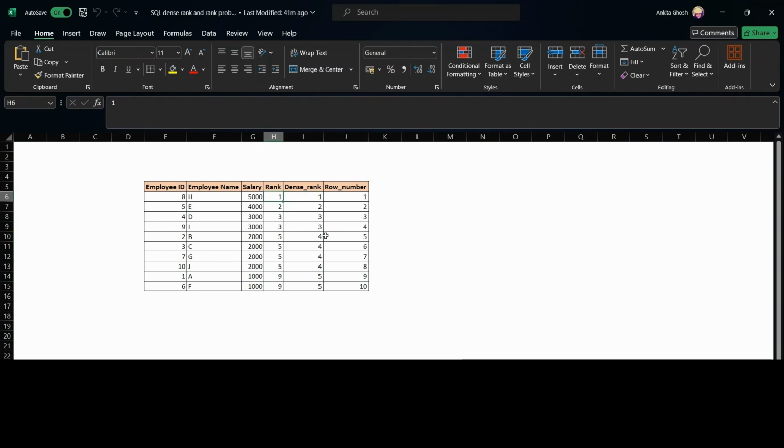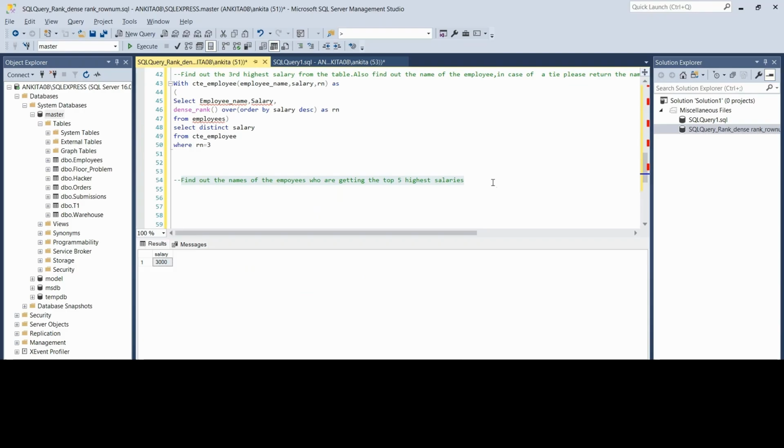If you want to find out the people who are getting the top 4 highest salaries, that time you will go ahead and use dense rank. That will return you the names of all the 8 people, right? Because it does not necessarily tell you to limit the number of employees, but rather it tells you to limit the rank. So here, dense rank will get used and not row number.